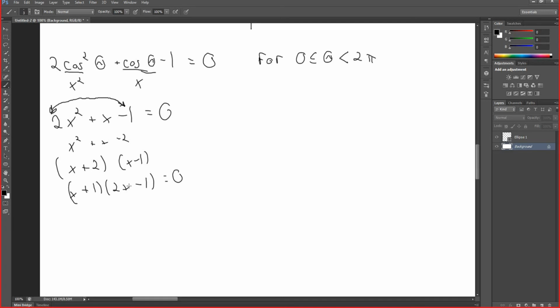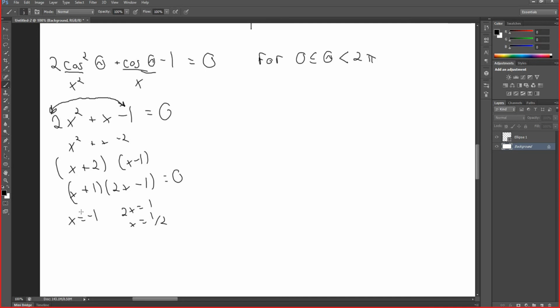From there, we would just solve each piece. We now have two factors. If one of them equals 0, the whole thing is 0. So either we have x equals negative 1. In this one, we'd have 2x is equal to 1, so x is equal to a half. For this one, factoring might be quicker. If you did things with the quadratic formula, you'd get the same results.